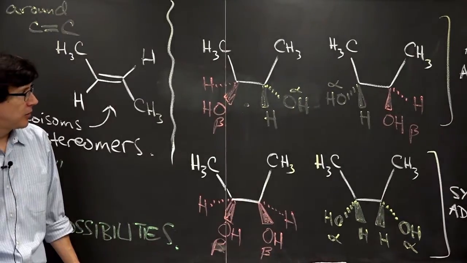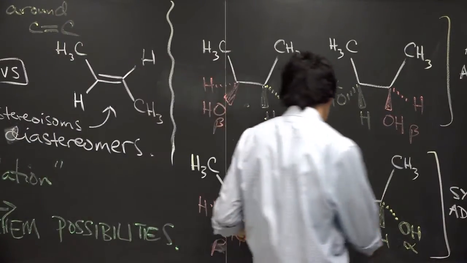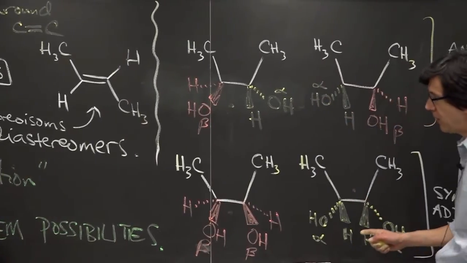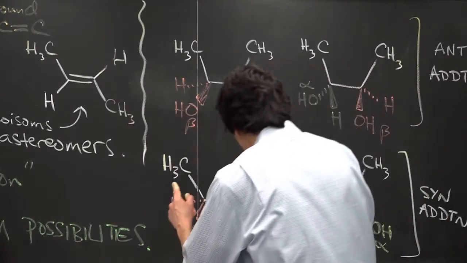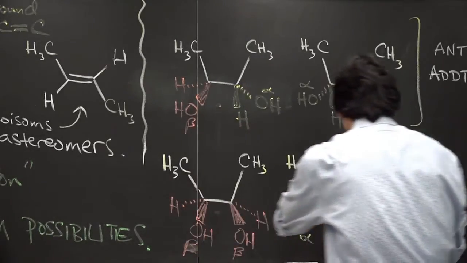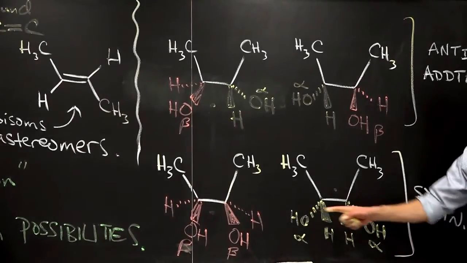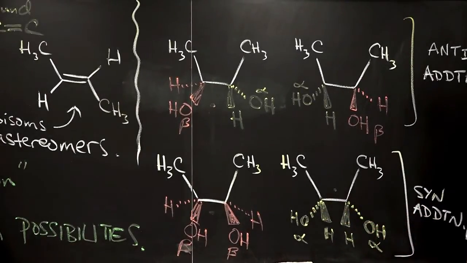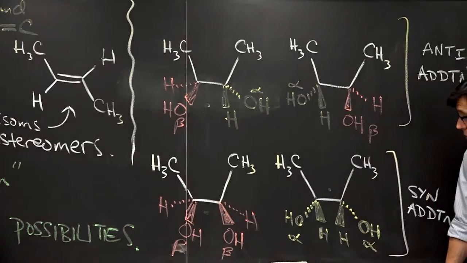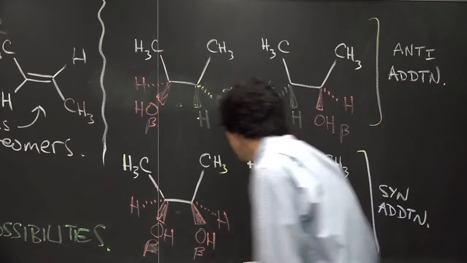Okay, well, let's start with this compound and this compound. So remember, in this compound, the two OH groups added to the top face of the cis-2-butene as drawn over there. In this case, they added from the back face. And what is the relationship of these two compounds? Well, you may notice that they're the same. All right?